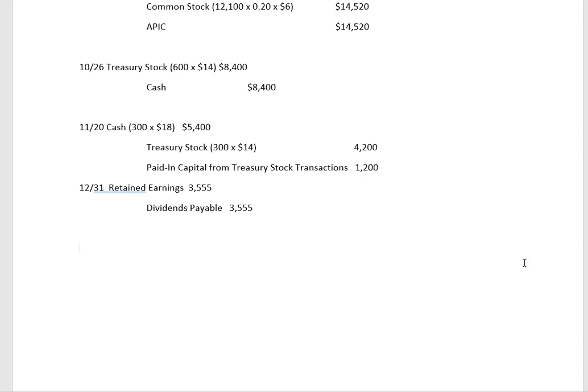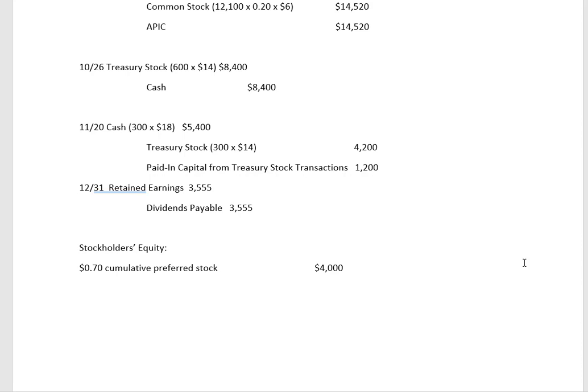So again, how does the stockholders' equity section look? The stockholders' equity section is going to have a couple different things here. Here we have the preferred stock, so we have the 70-cent cumulative preferred stock. How much is issued and outstanding? 4,000.